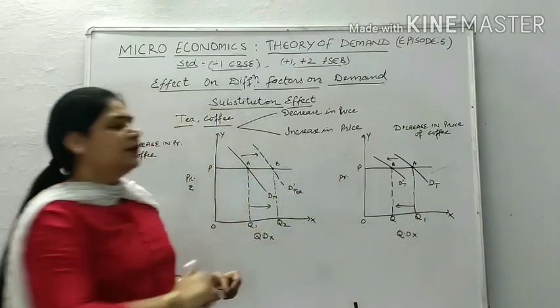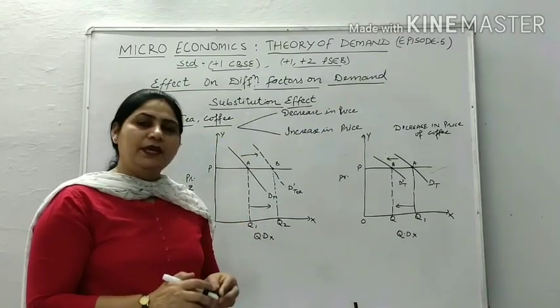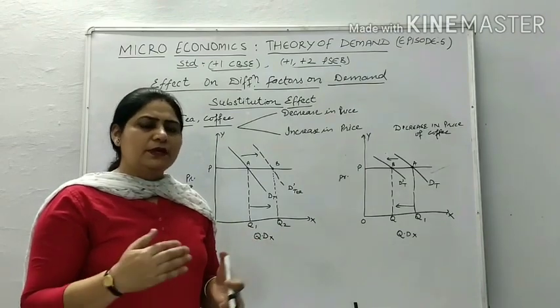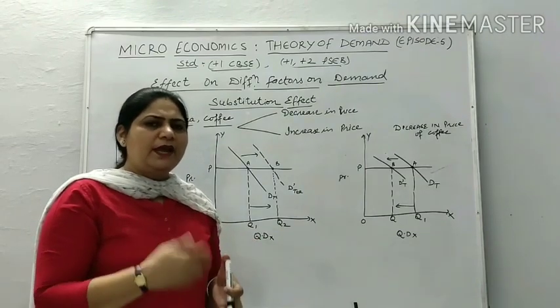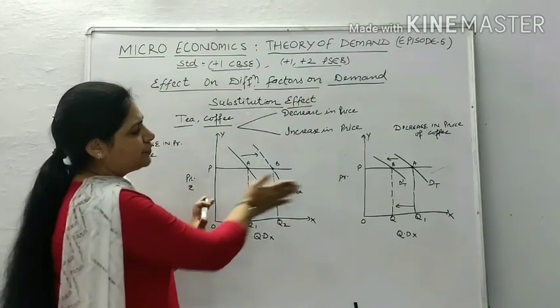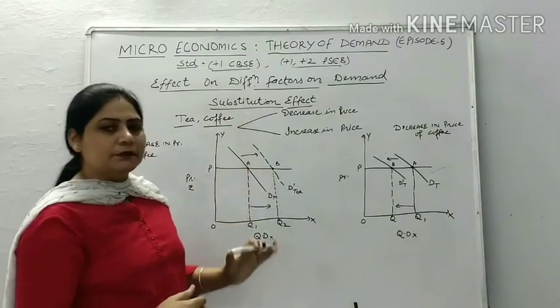Students, you can show other effects such as the income effect, favorable trends, policy of government, and many other effects through this forward and backward shifting of the demand curve.